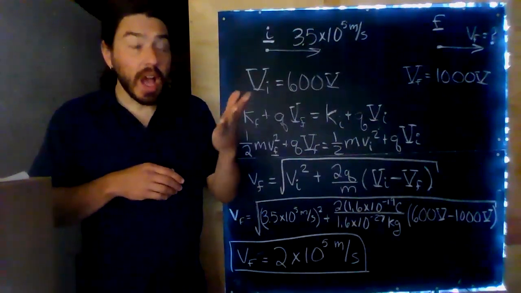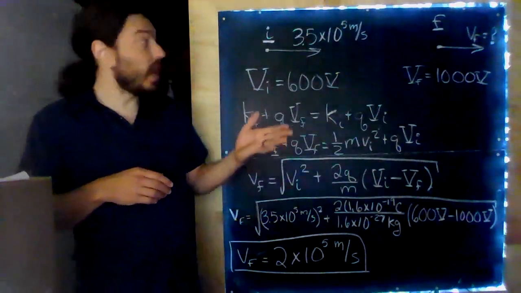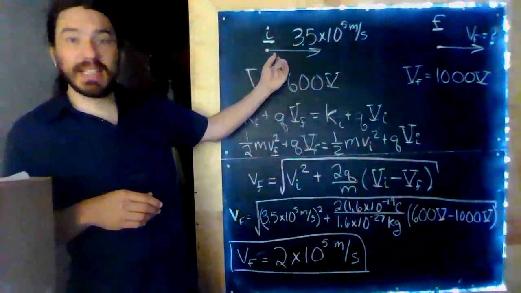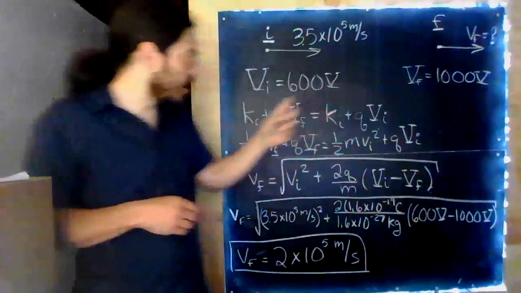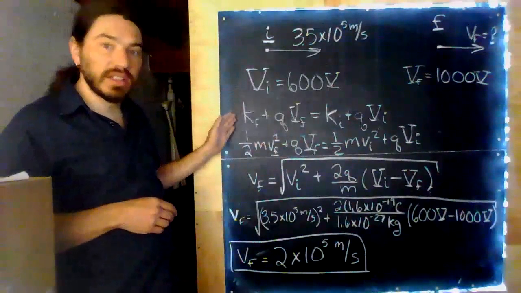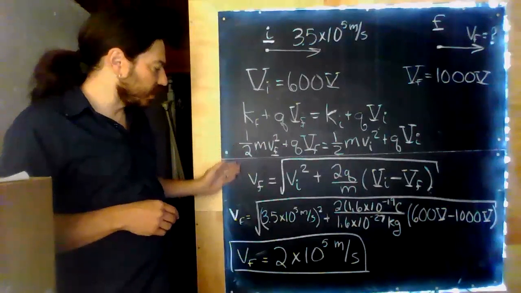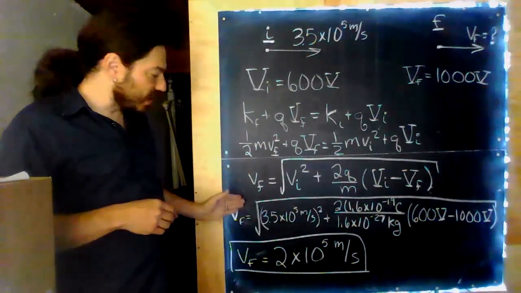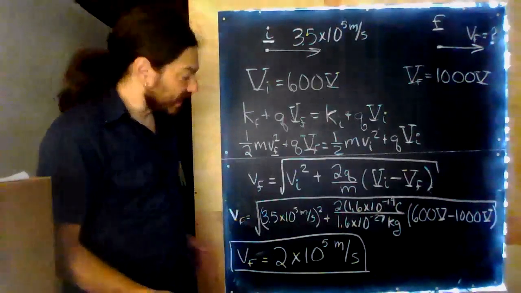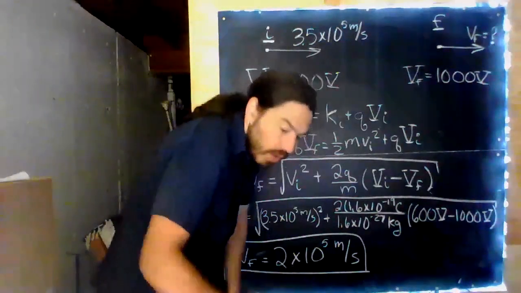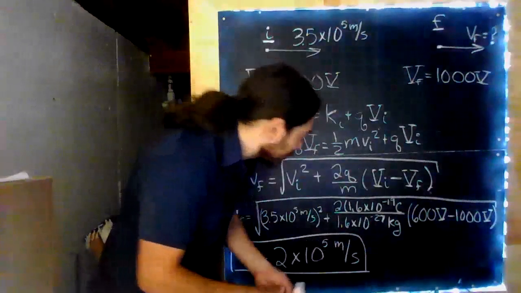Let's see. Going through here, we have the same exact initial situation, same final situation. We're still going to use conservation of energy. Our algebra looks exactly the same. It's not until we get all the way down here that I have to change anything for this second part. So let's see. We have a different charge and a different mass.